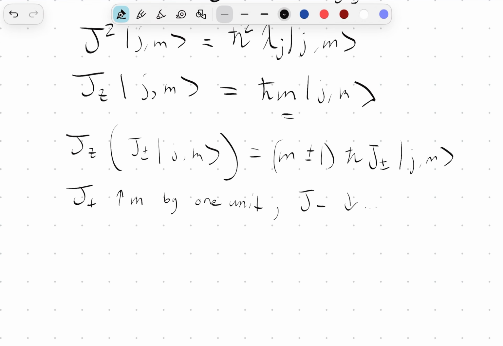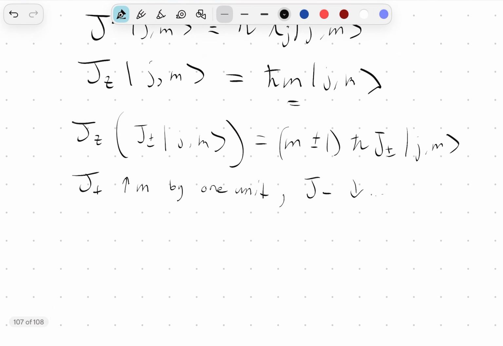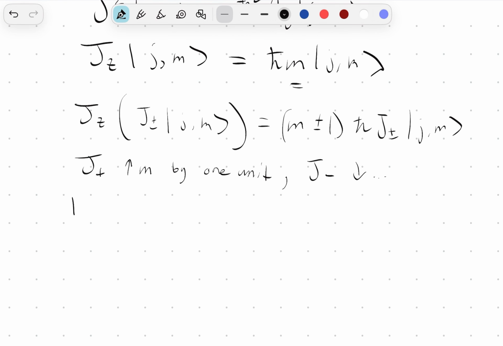And in a finite dimensional representation, there has to be some top-weighted, highest weighted state, psi top, that is annihilated by the raising operator.